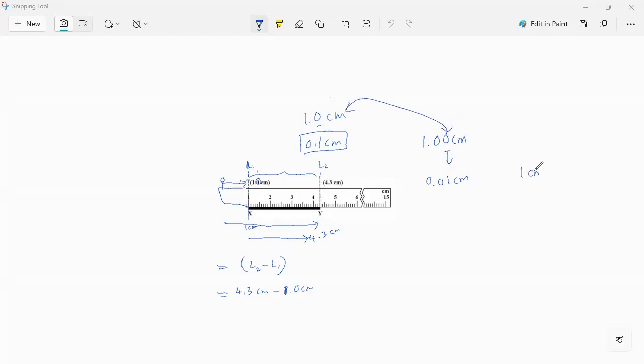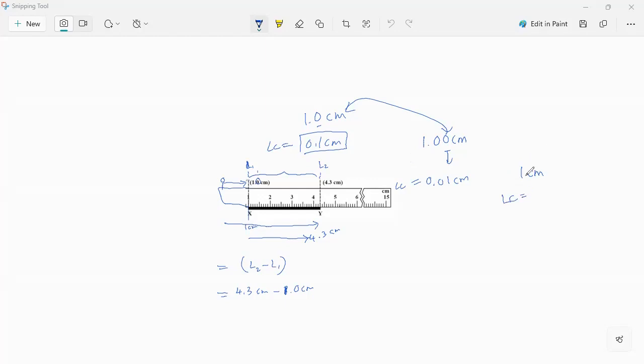If we write it as 1 centimeters, what's the least count? What will be the least count if we write it as just 1 centimeter with no point, no point zero, nothing? I gave the answer already. So 1 centimeter is the least count.